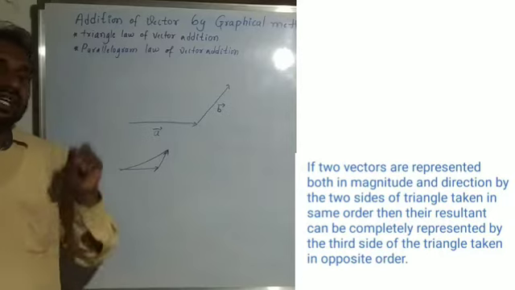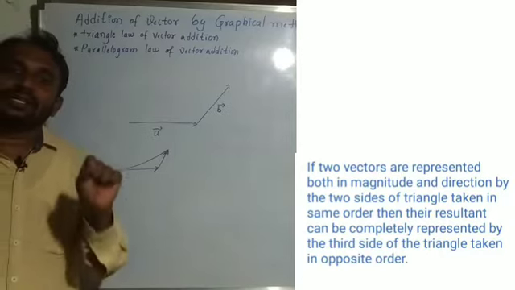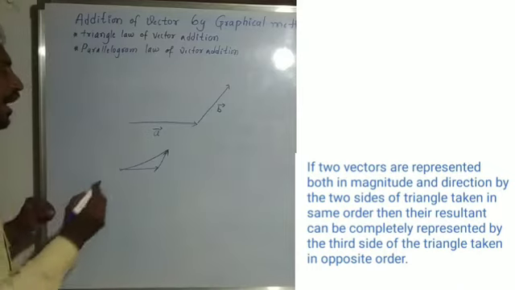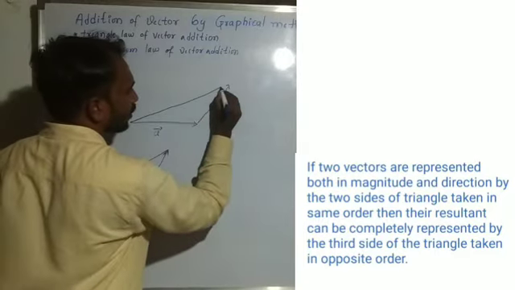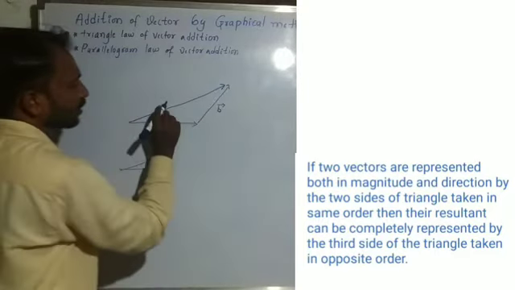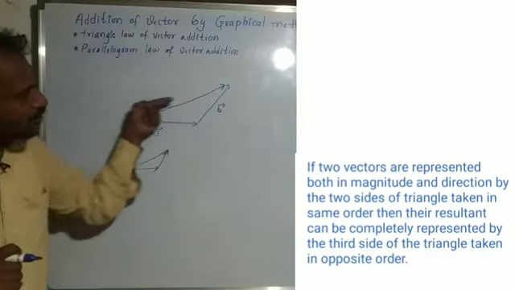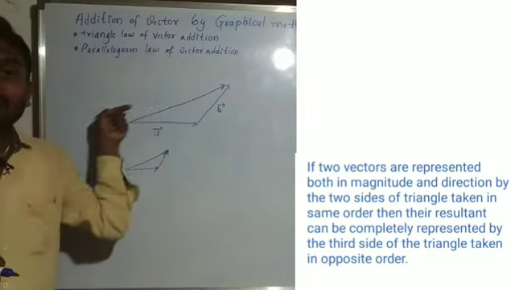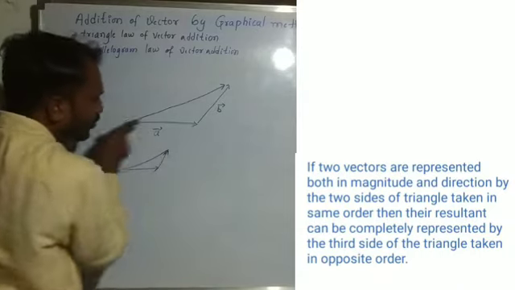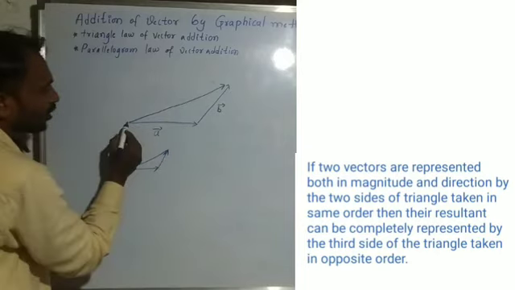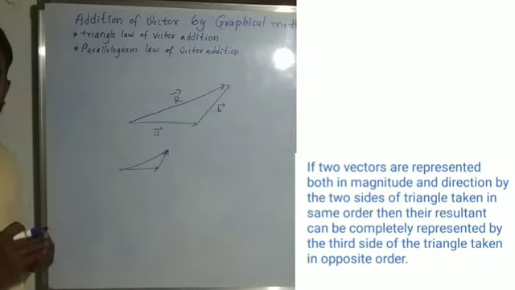And here we consider one resultant vector, which represents the third side of the triangle. The direction we consider is opposite in order. These two vectors are in the same order, but the resultant vector is opposite in order.